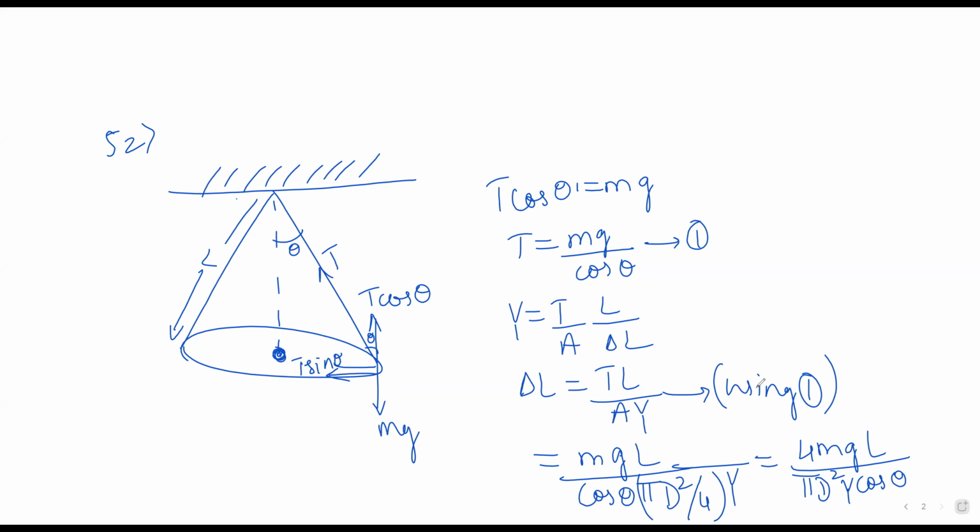So according to this relation, which answer is suitable? So which answer is suitable for this?